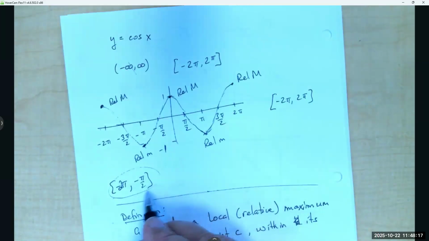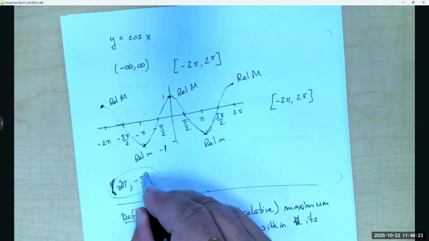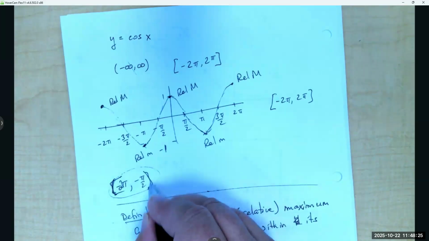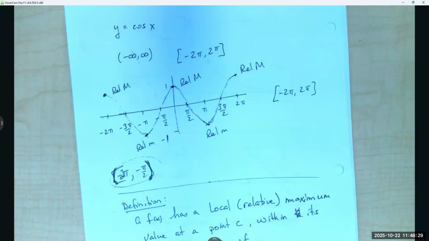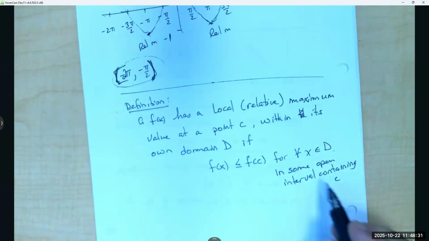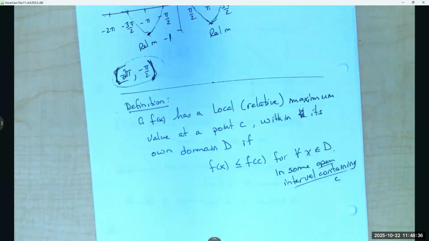This is our subdomain. This is our main domain. So this is the domain where it's defined. We can use open parentheses now. In some open interval containing C. Why? Okay, here's a question. Why does it have to be in some open interval containing C?